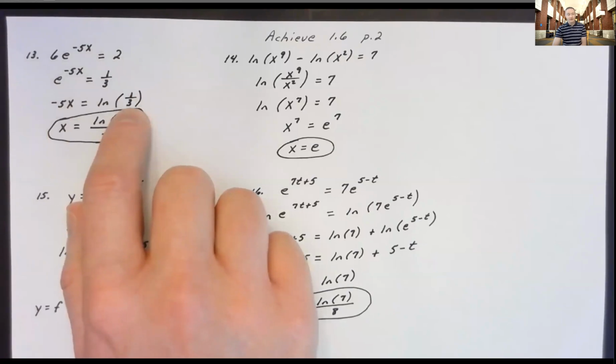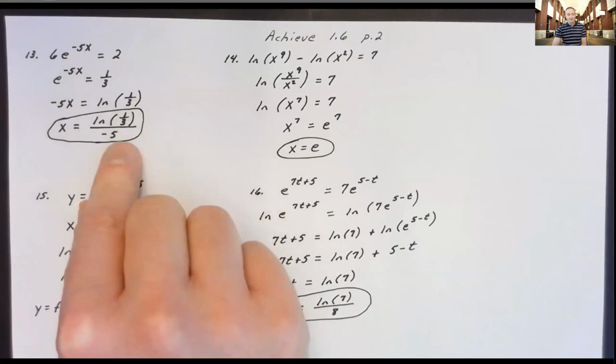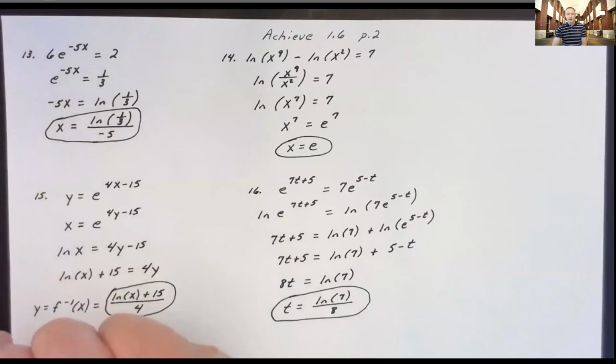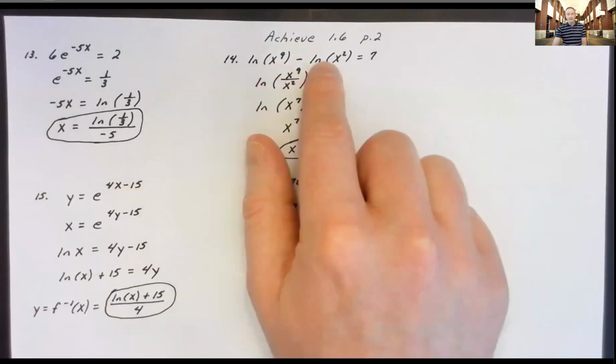This is very, very similar to the last problem. And you can just say, well, now when you solve for x, you'll just be dividing by negative 5. So x is going to equal the natural log of 1/3 over a negative 5. Final answer there.